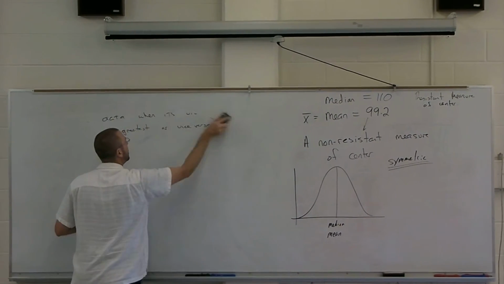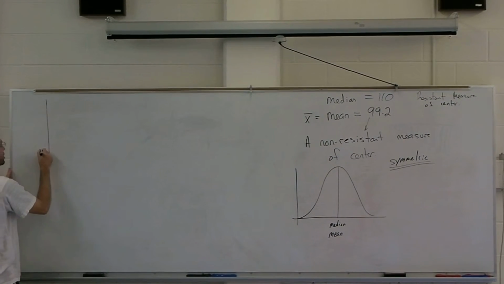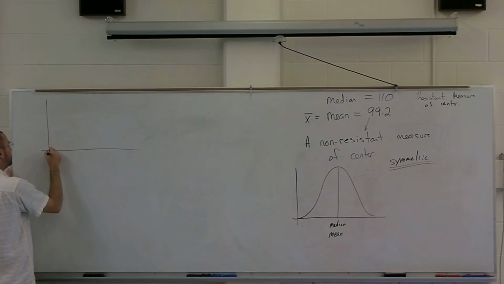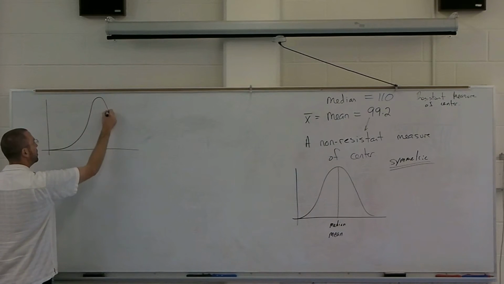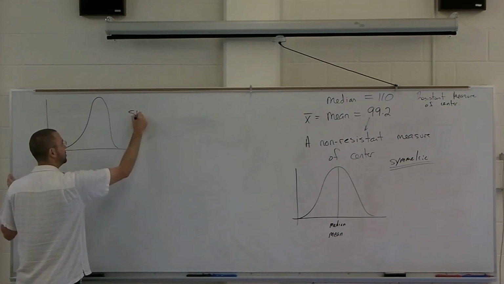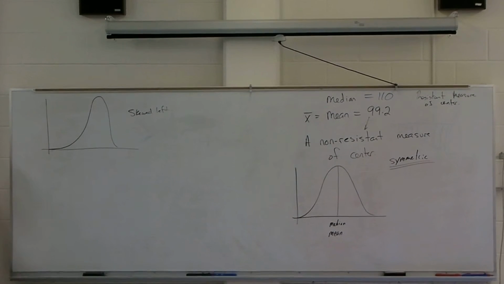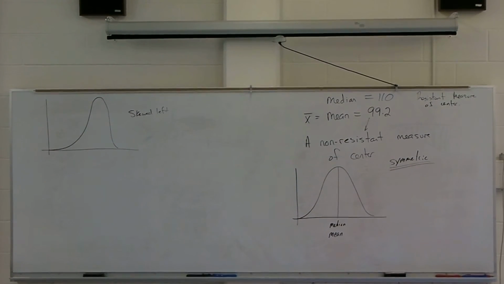Well, let's take a look at the picture and try to reason our way through it. Suppose we start with skewed left. Now, the median, again, remember, the median measures the exact center of where our data occurs.